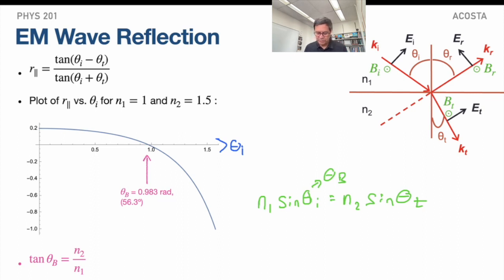Okay, so when the sum of theta I plus theta t is 90 degrees, that means this right side can be n2 sine, and here it would be then 90 degrees minus this Brewster angle, or theta incident. Okay, but the sine of 90 degrees minus an angle is equal to the cosine of that original angle. So this would be n2 cos theta b.